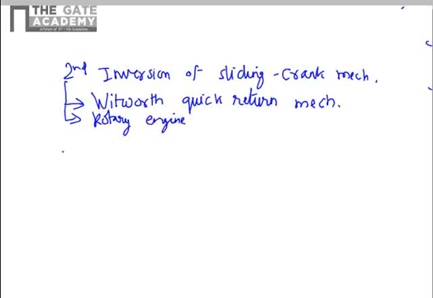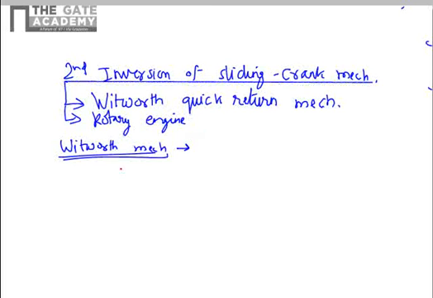So we will consider the Whitworth mechanism first. In the slider crank mechanism, I'll draw a diagram here. This is the crank, this is the connecting rod, this is the piston and liner. So in this configuration, the link adjacent to the crank is fixed. So this is a fixed link.